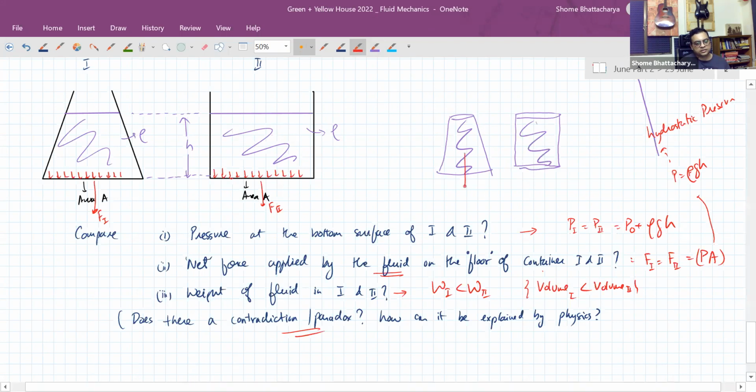So you can see that this weight is less than this weight. But this normal reaction force will be equal to this normal reaction force, because this normal reaction force will be equal and opposite to the force that these are applying. Concept of action reaction principle applying here.